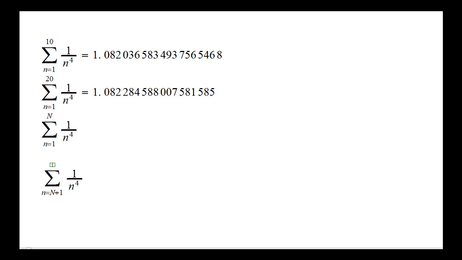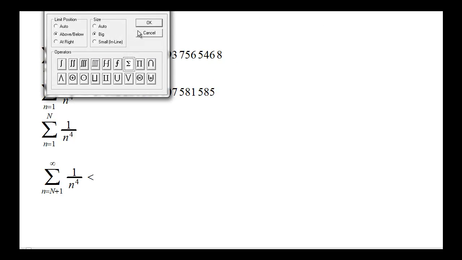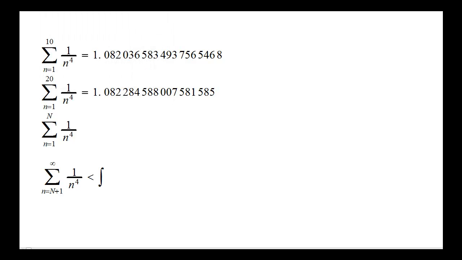This will be positive because all these terms are positive, so this value will be less than the improper integral, which is a convergent improper integral. That's how we concluded the convergence of this series.